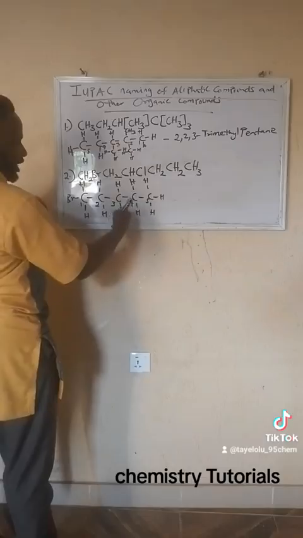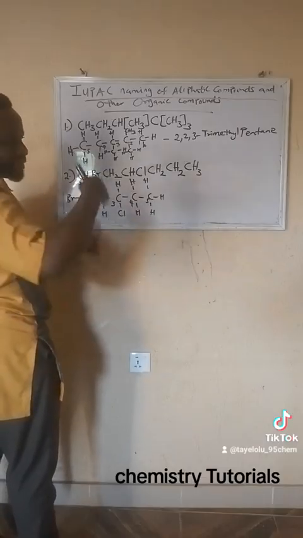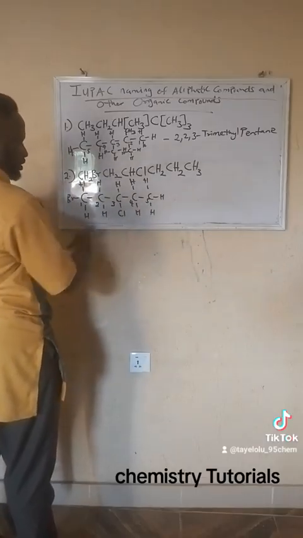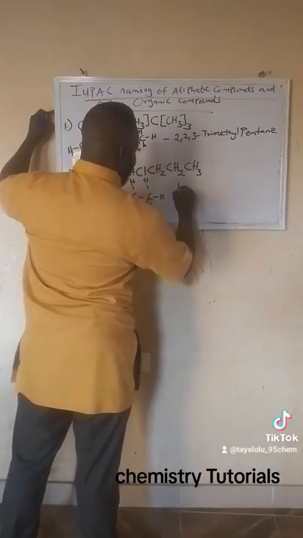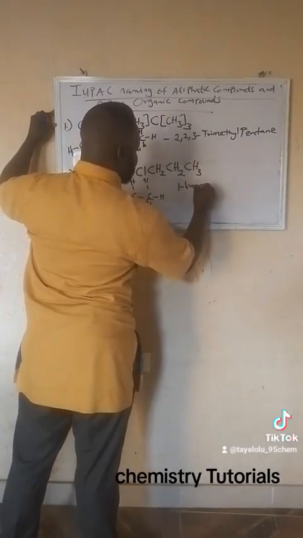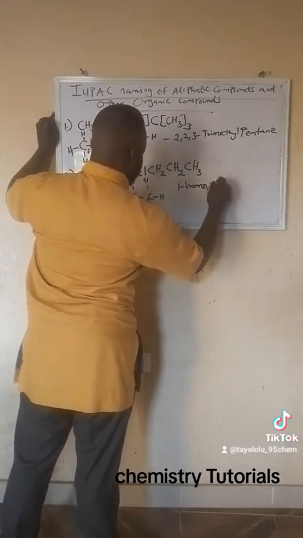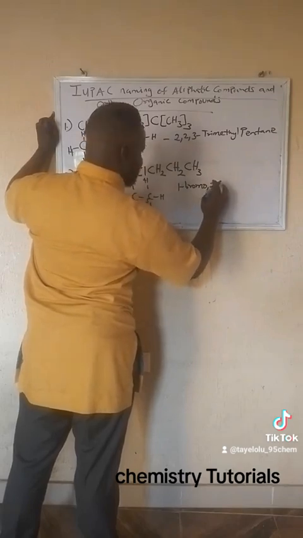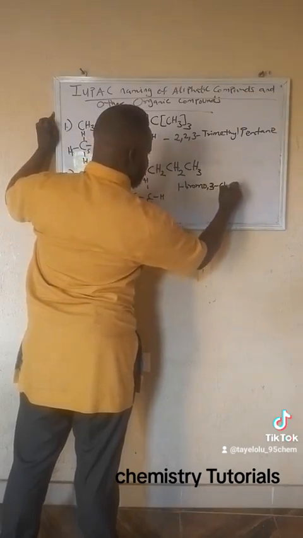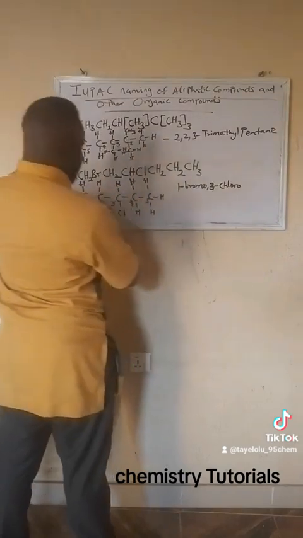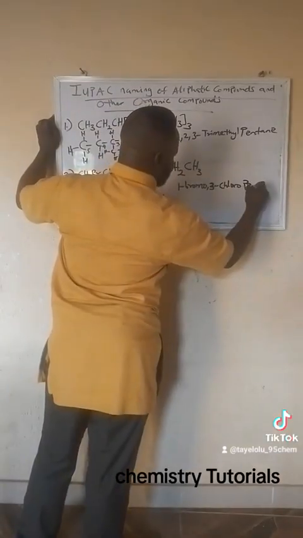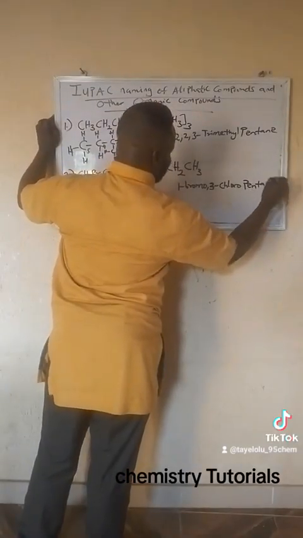And this is chlorine, as chloro. B in the alphabetical order comes before C. So the name will be 1-bromo-3-chloro, and the longest chain is 5, pentane, because they are all single bond throughout.